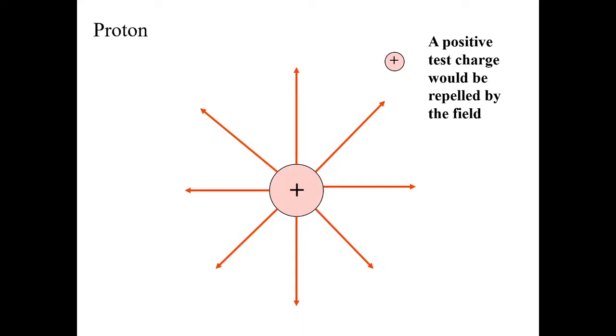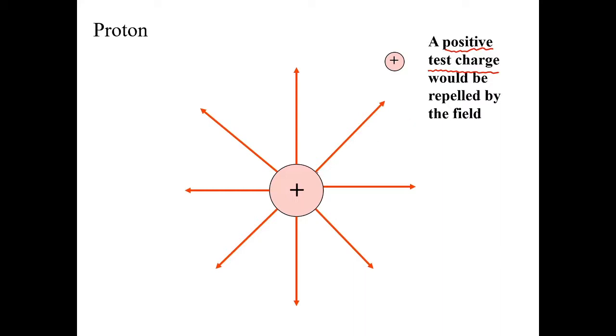So there's a convention. And we use this little thing called a test charge. And a test charge, the convention is that it's always positive. So we already know from talking about charges that two like charges are going to repel.